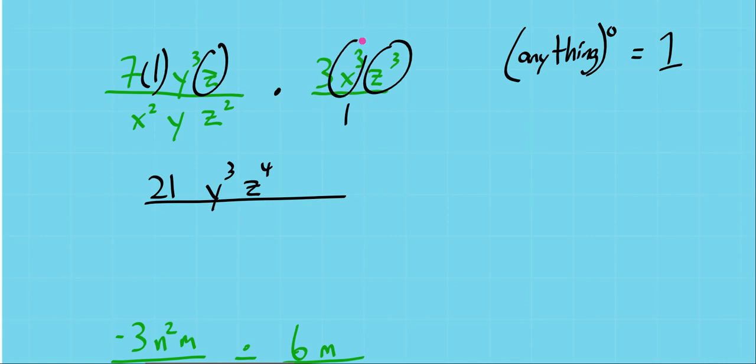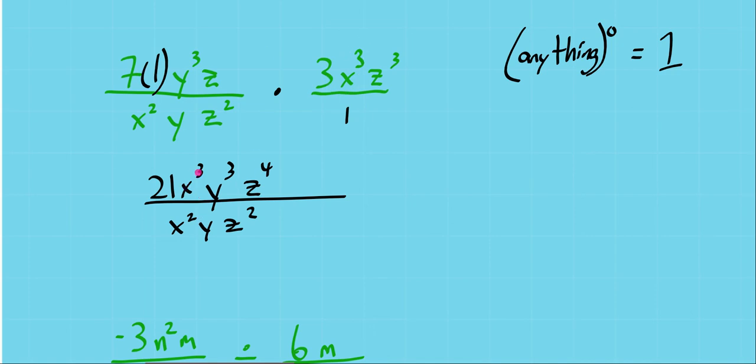And there's 3 x's, so there's x cubed. I'm doing them in alphabetical order, x, y, z. Not because you have to, just because you should. It's polite. And on the bottom, I've got x squared, y, z squared. Nothing over here because that was all to the power of 0, which was a gift.